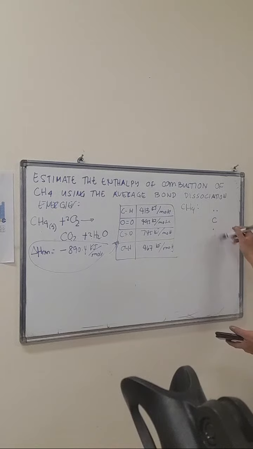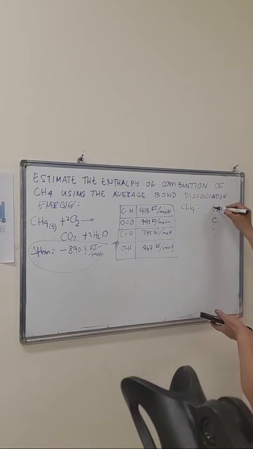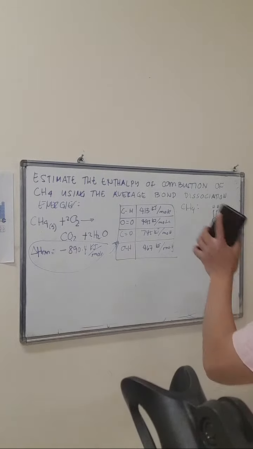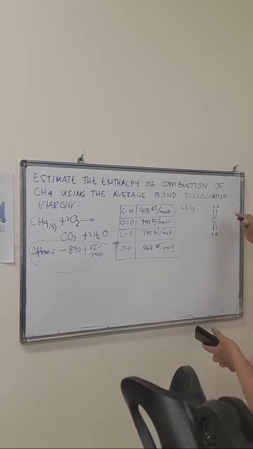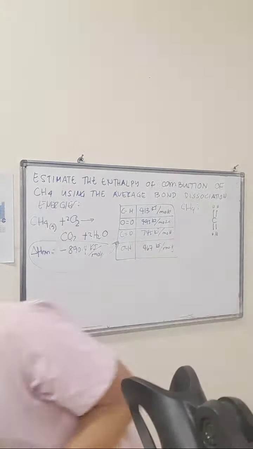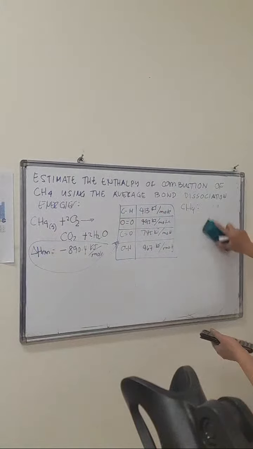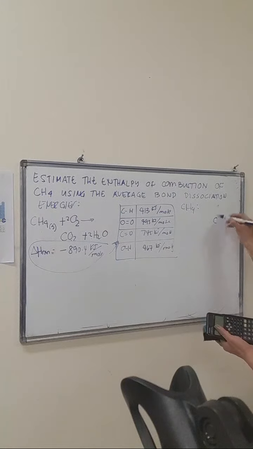There are 4 hydrogens, so share the hydrogens into the 4 electrons: hydrogen here, hydrogen here, hydrogen here. Then connect the dots and spread them out. It's going to be like this: carbon, with hydrogen around it.